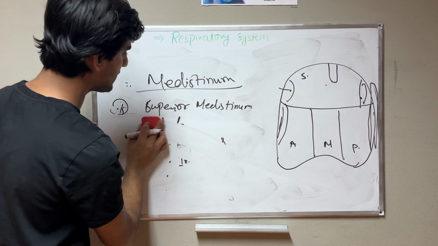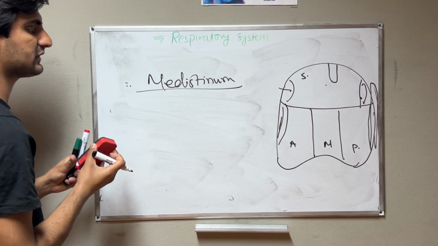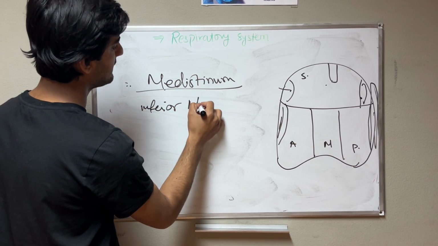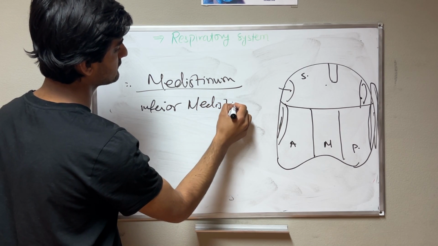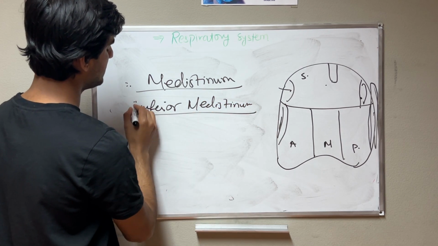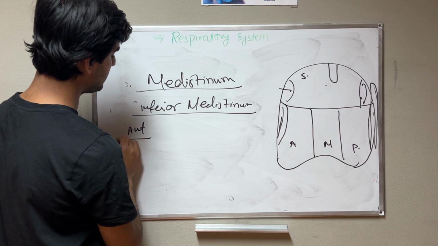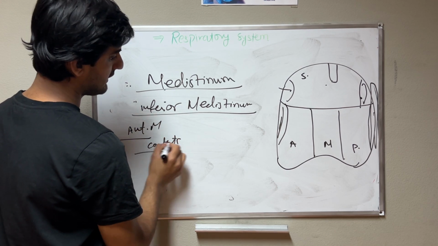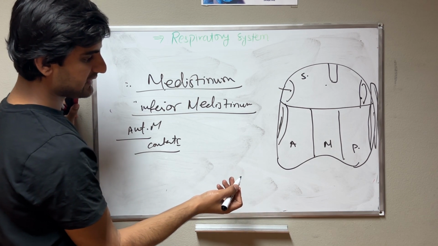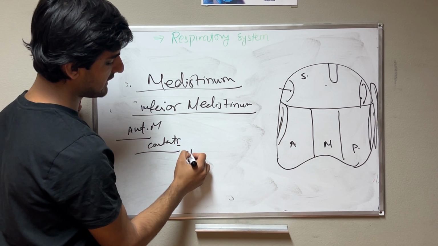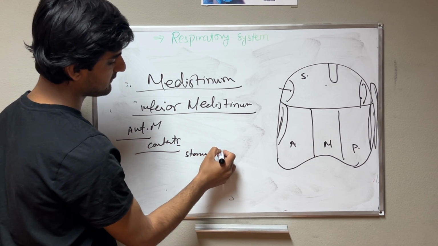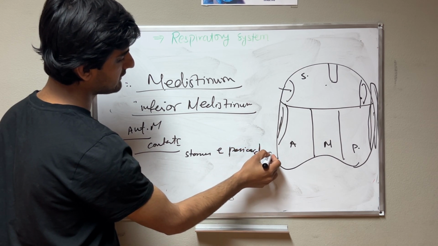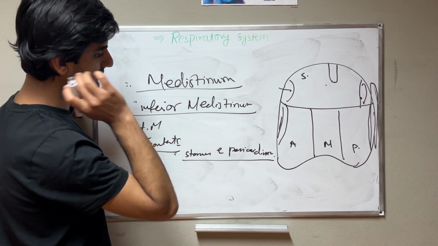Now the inferior mediastinum, we have three types. First, the anterior mediastinum: it is located between the body of the sternum and the pericardium. These are the location of the anterior mediastinum.